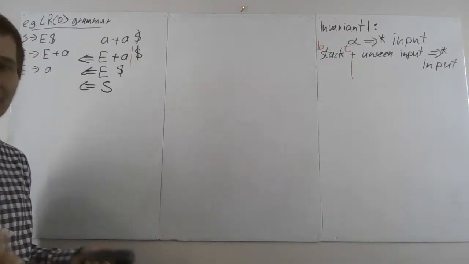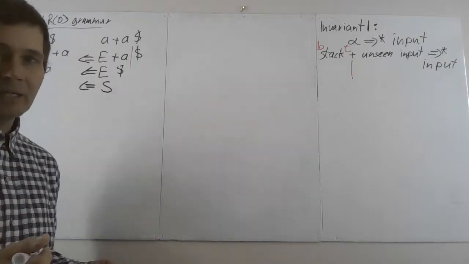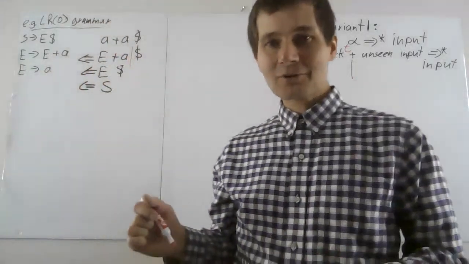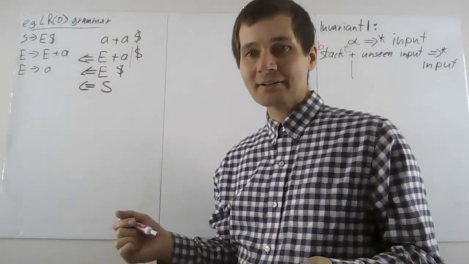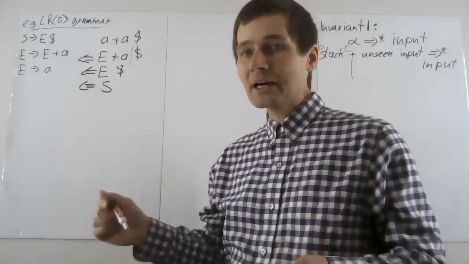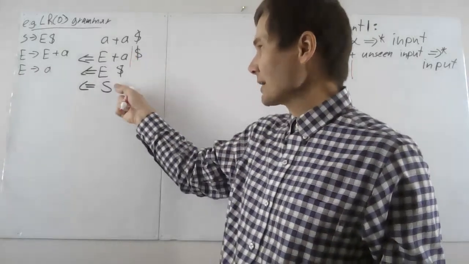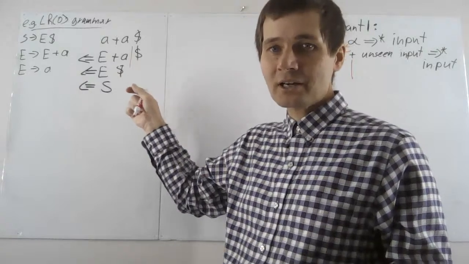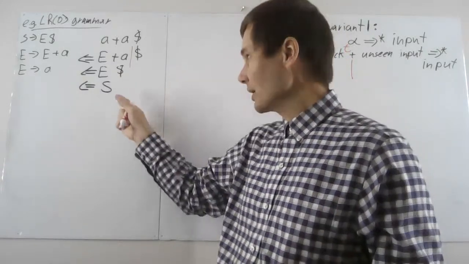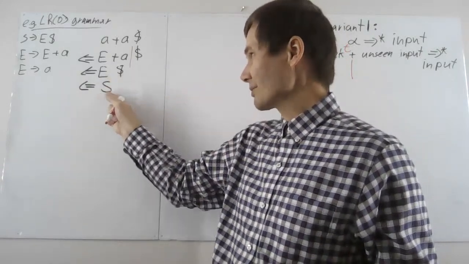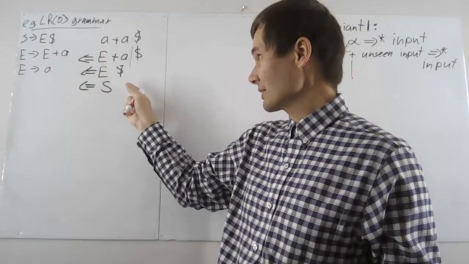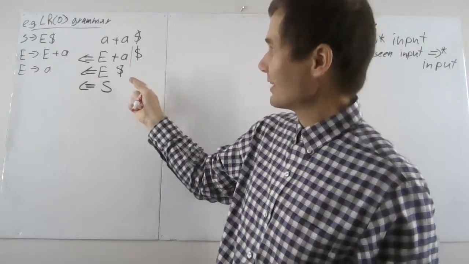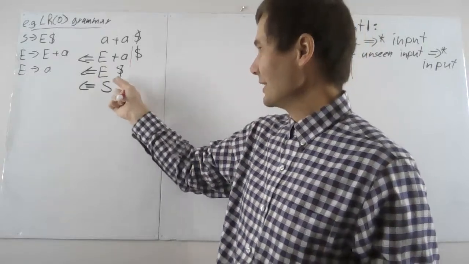So far nothing prevents us from doing that, but that's clearly the wrong thing to do, because then we won't be able to reach the start symbol anymore, right? So E plus E dollar sign is not a sentential form. There's no way to derive E plus E dollar sign from, or at least I hope there's no way. Yeah, no, there's no way.